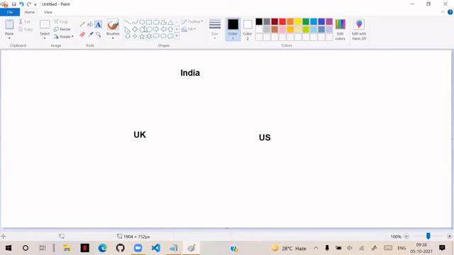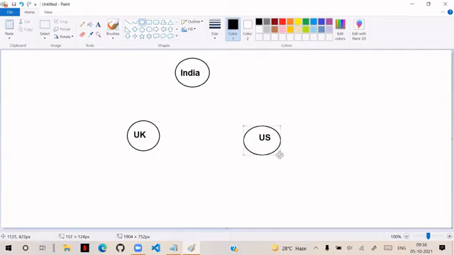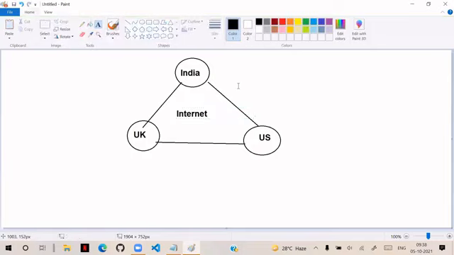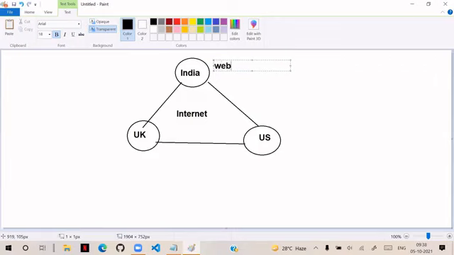Now all these countries are connected with each other. This will form the internet. Now very important, India has its own web.